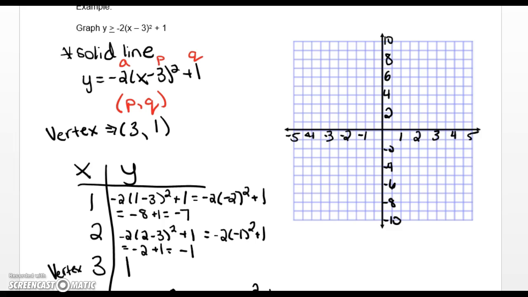So then we can go ahead and start plotting our points, just keeping in mind here that it is a solid line. So it's nothing new compared to what we've done before. We'll start with our first point. We have x equal to 1, y is equal to negative 7. We have x equal to 2, y is equal to negative 1.